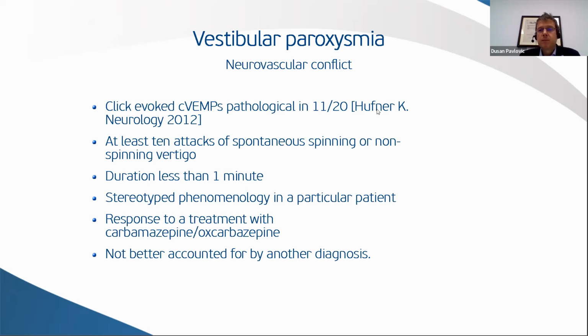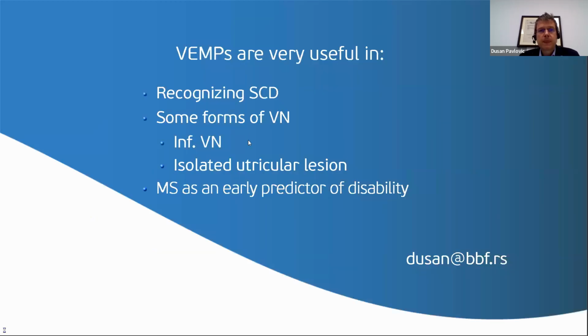And Hufner measured VEMPs in those patients and found that 11 of 20 had pathological CVEMP values. And I can conclude that in clinical practice, VEMP is very useful, especially in recognizing superior canal dehiscence patients, and it also helps you in some forms of vestibular neuritis, especially rarer forms like inferior vestibular neuritis or isolated utricular lesions.